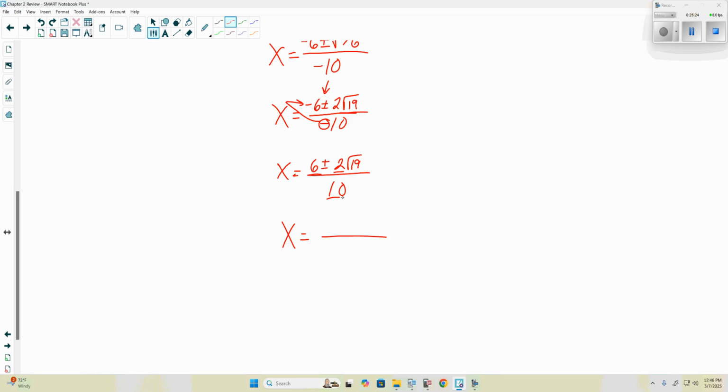Also, all three terms here do share a common factor of 2 we can factor out or simplify out. If we simplify the 2 out of the bottom, the 10 goes from 10 to 5. Our 6, after we factor the 2 out, is going to become 3. And our 2 square root of 19 is just going to be the square root of 19.